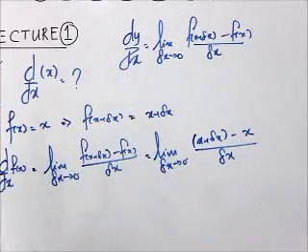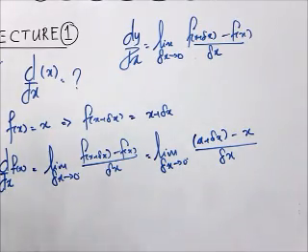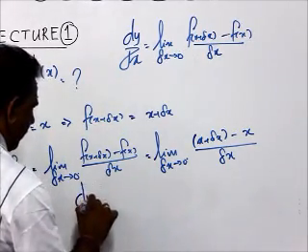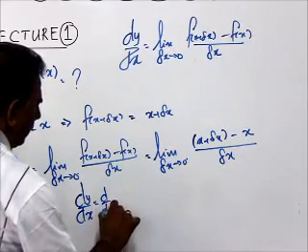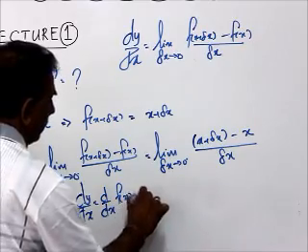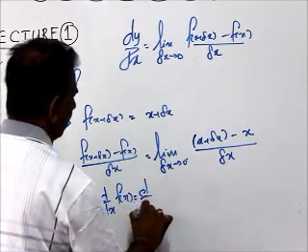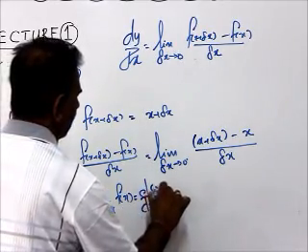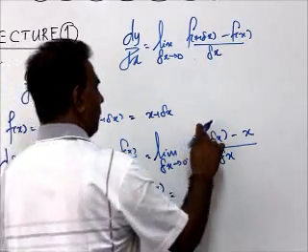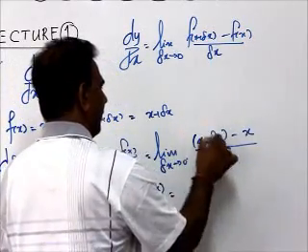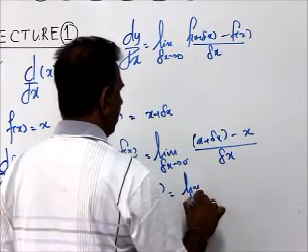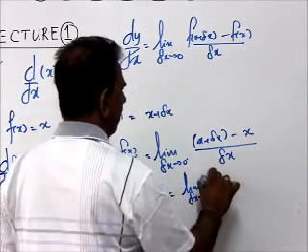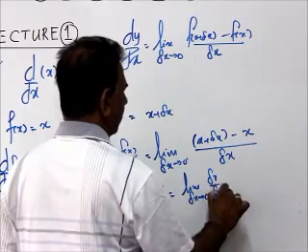That is, d by dx of f of x is x plus delta x minus x, then x cancels, and you will get the limit as delta x tends to 0 of delta x over delta x.